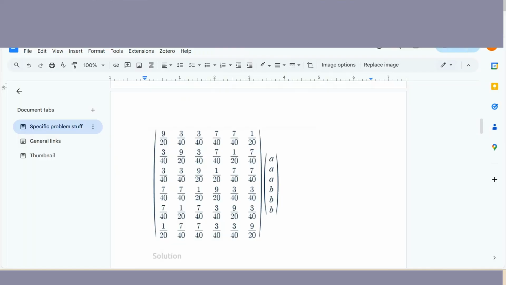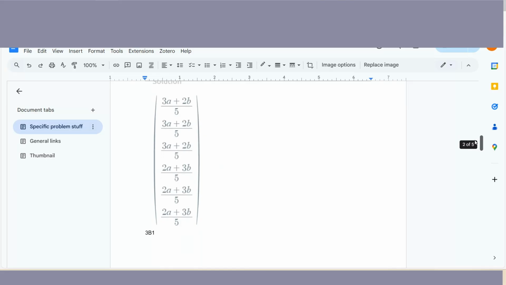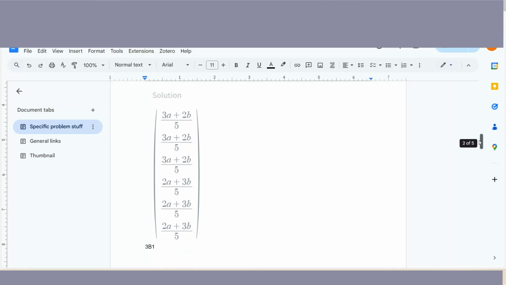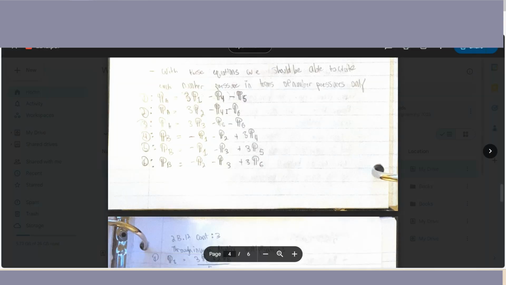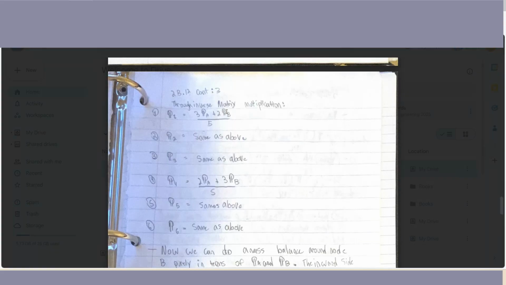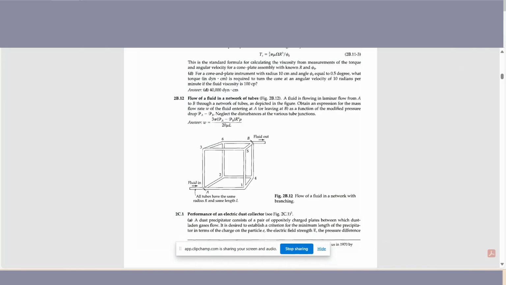So yeah, that makes sense. So you get each of the P1 through P6 in terms of PA and PB. And yeah, that's what I did there. So yeah, same as above.